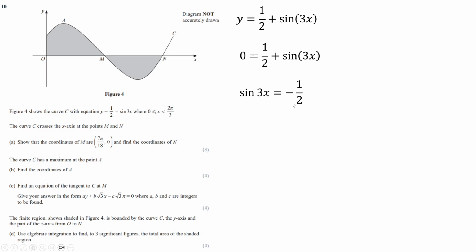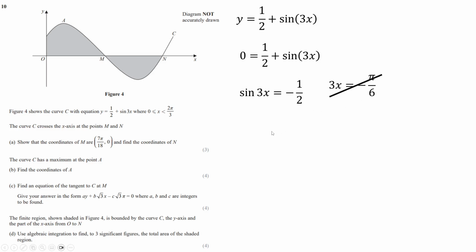Then just inverse sine on both sides to get 3x equals minus pi over 6. We don't want minus pi over 6 because if we have minus pi over 6, we're just going to be on the left side of this on this graph, and we actually want to be in the positive region. So the solution that we actually want is pi plus pi over 6. So we don't want this solution here.